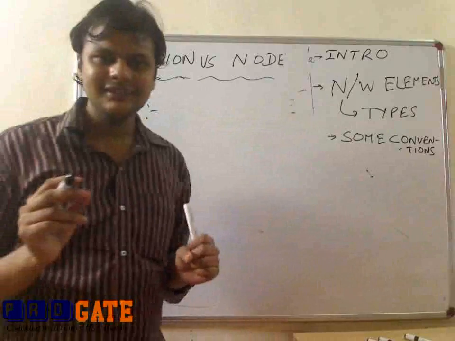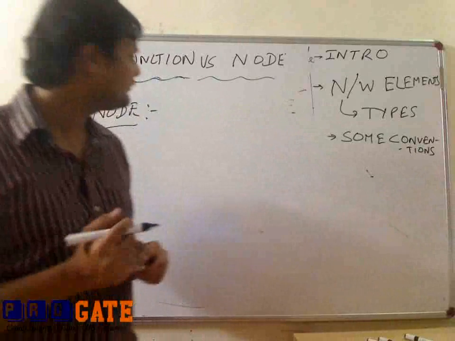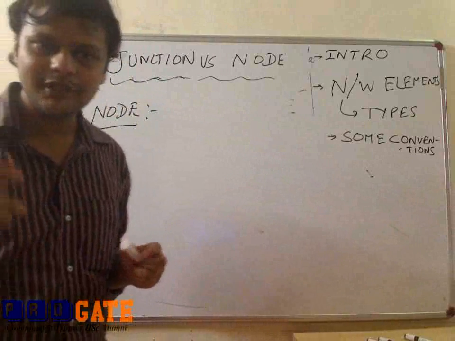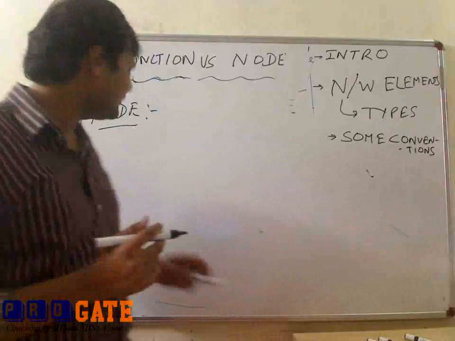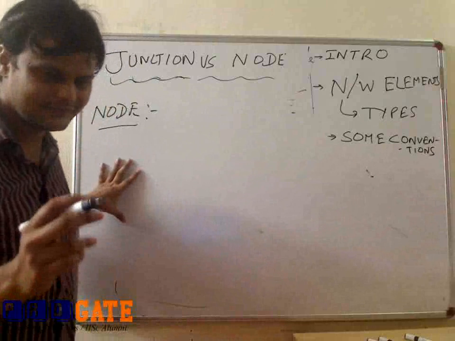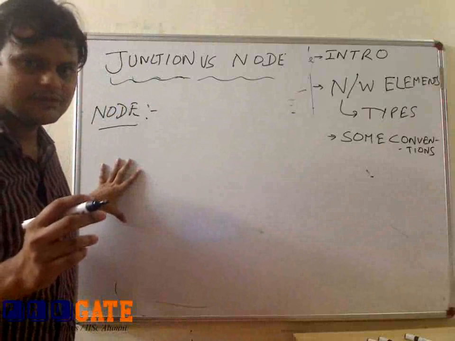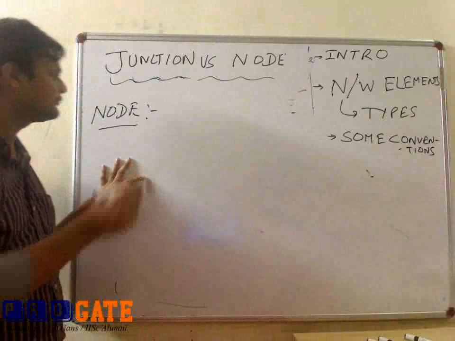Any point in a network which has some different potential than the previous one is called node. Again, I am repeating, any point in a network which has some different potential is called node.